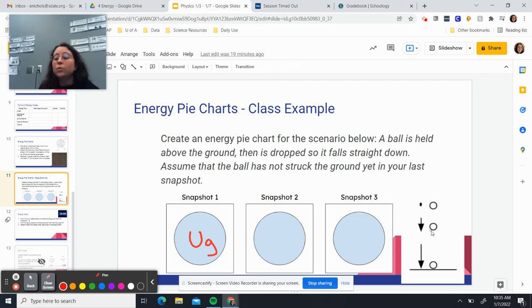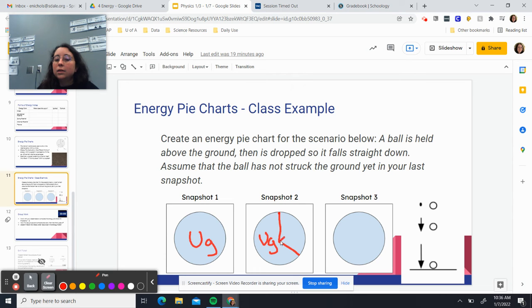So it started to move, but it still has height, and I do want to count thermal because it seems to not be very far into its path. I'm going to say that most of its energy is going to be in gravitational potential energy. So I'm just going to guess, give myself roughly 2/3, and I'll label it UG.